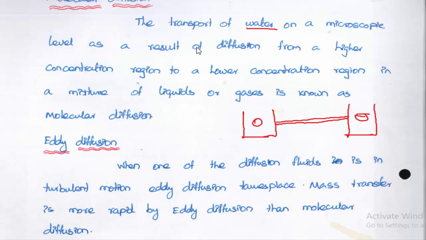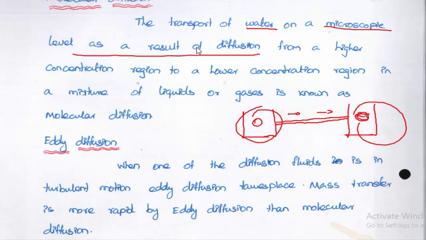Because the molecules are transferred at a microscopic level as a result of diffusion from a higher concentration region to a lower concentration region in a mixture of liquids or gases, whatever the state, it is known as molecular diffusion. So molecular diffusion is nothing but the molecules themselves being microscopically transferred from one region to another region, right?